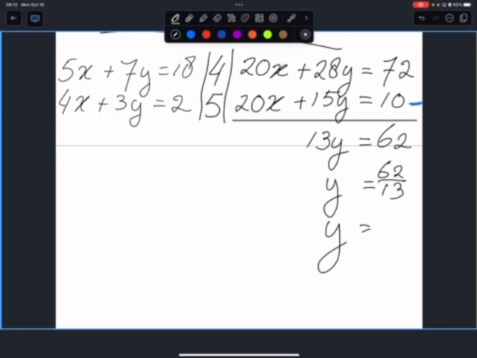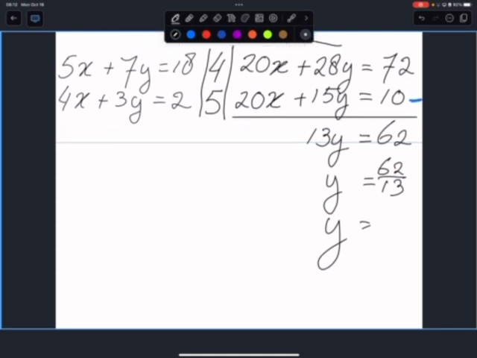Let's see, unless that is the answer. Yes, that is the answer. It's uncommon. 4.77.